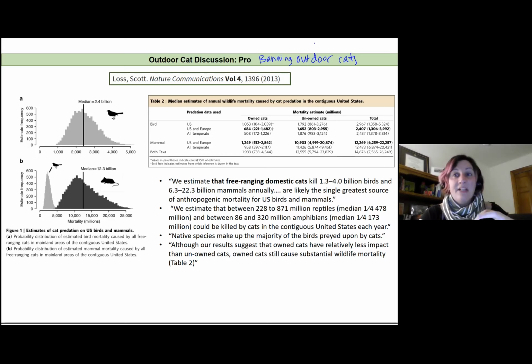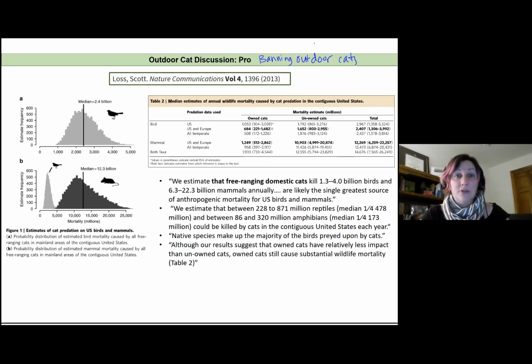So here is evidence for anyone that is pro banning outdoor cats. It is from a Nature Communications article in 2013, and it is tracking the mortality estimates of cats outdoors. Any of these bullet points will work as evidence, so you can review this material.